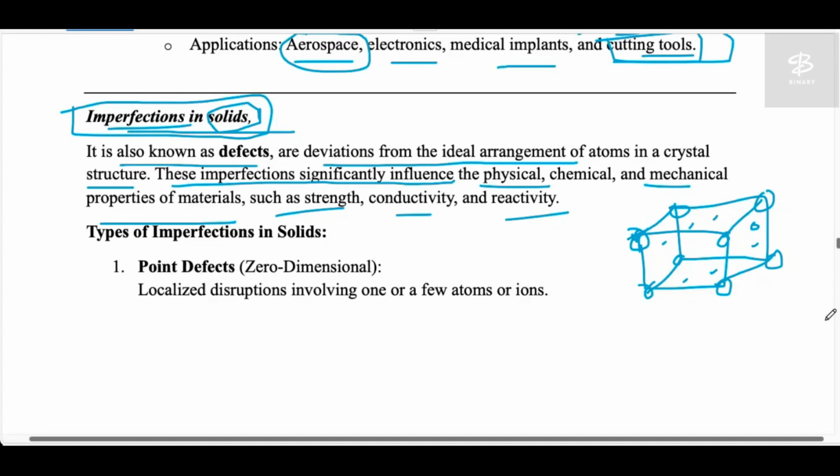So if any other atoms come from anywhere and sit, then your property will change. Similarly, if any atoms come out from their main positions, then it will also compromise your properties. I have just taken one example, the packing efficiency. If everything is going well, FCC has 74% packing efficiency. As soon as one of the atoms comes out of its place, the packing efficiency is compromised and will be less than 74%.